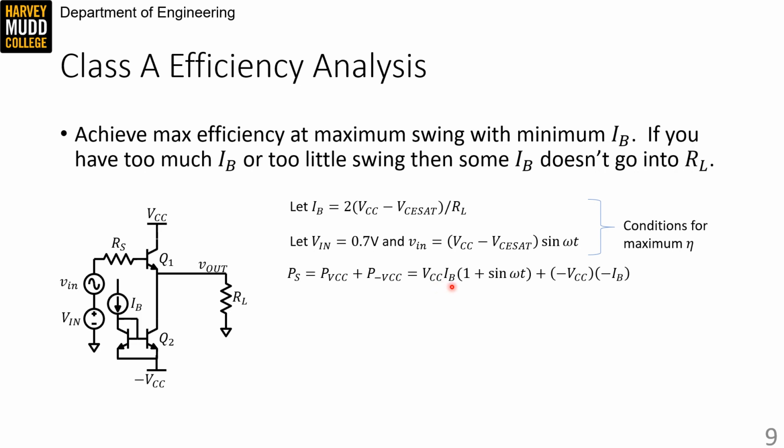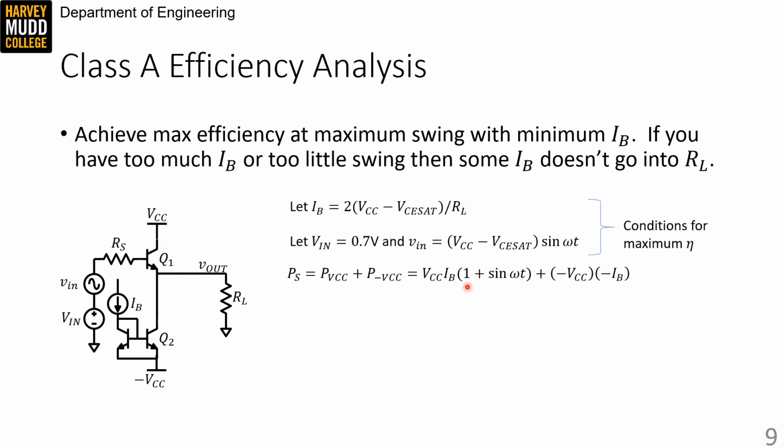And that, it turns out, is given by our bias current times 1 plus sine omega t. We can figure this out because the collector current that flows when our small little V in signal is equal to 0 has to just be IB. V out has to be 0, so all of the bias current from Q2 has to flow into Q1.